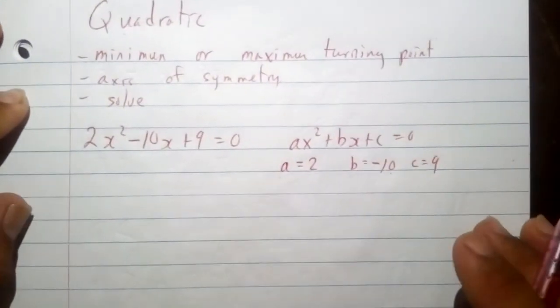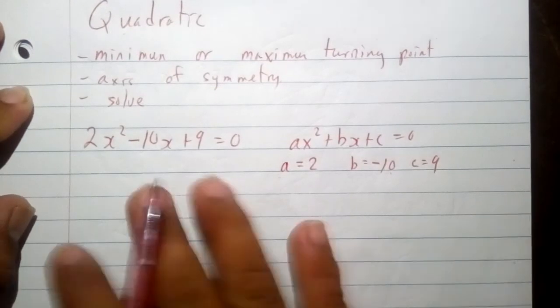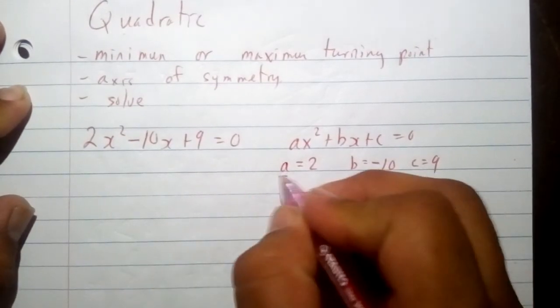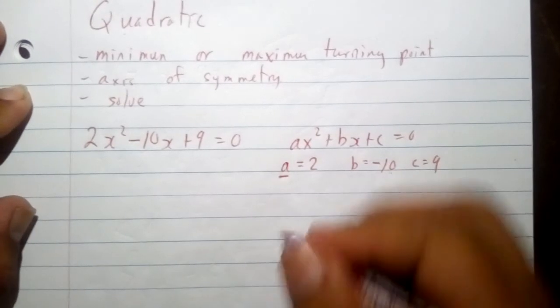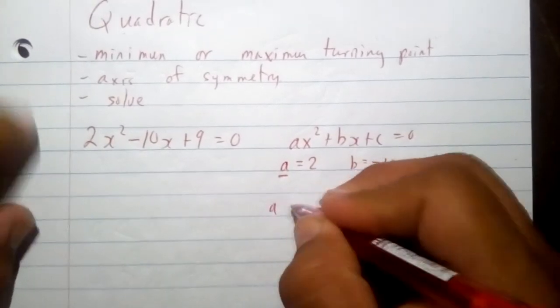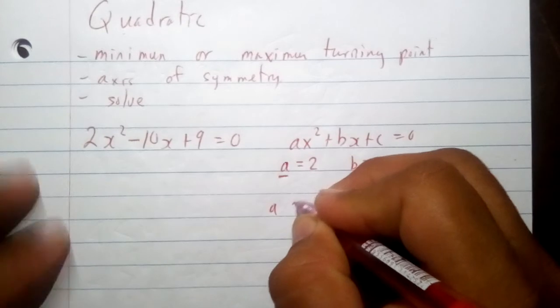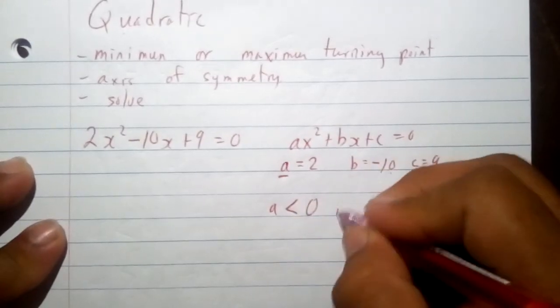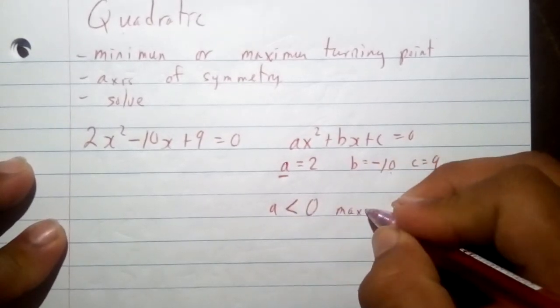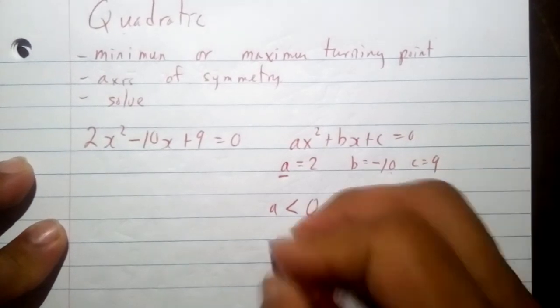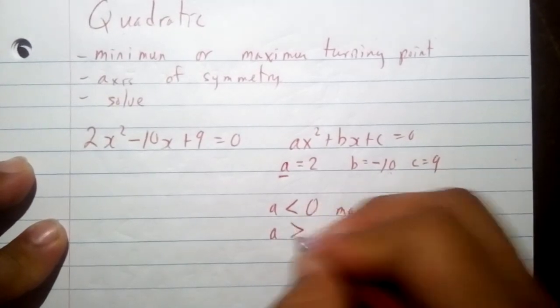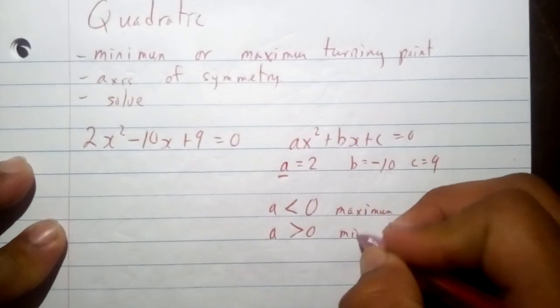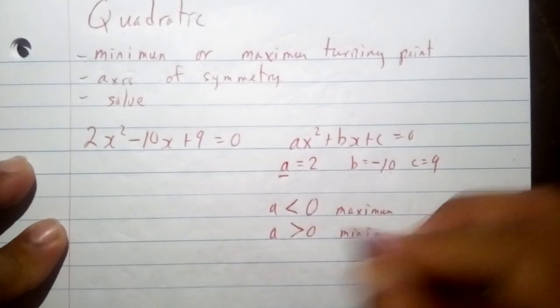For us to determine if it's a maximum or minimum turning point, we look at this value here. Okay, if a is less than 0, then it is a maximum. If a is greater than 0, then it is a minimum. What does maximum mean?